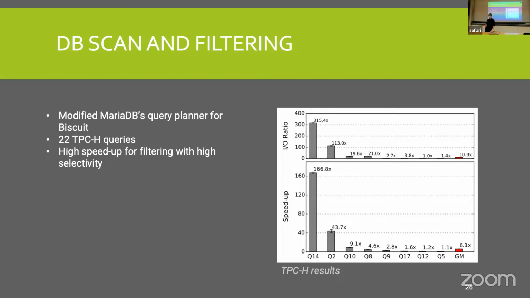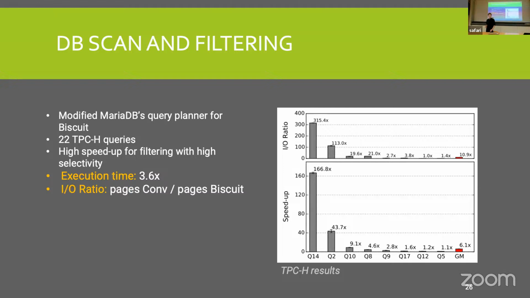And they observed that in general, a high speedup was achieved if there was filtering done with high selectivity. So a lot of filtering, basically. Overall, the execution time improved 3.6 times. So Biscuit performed 3.6 times better than conventional.